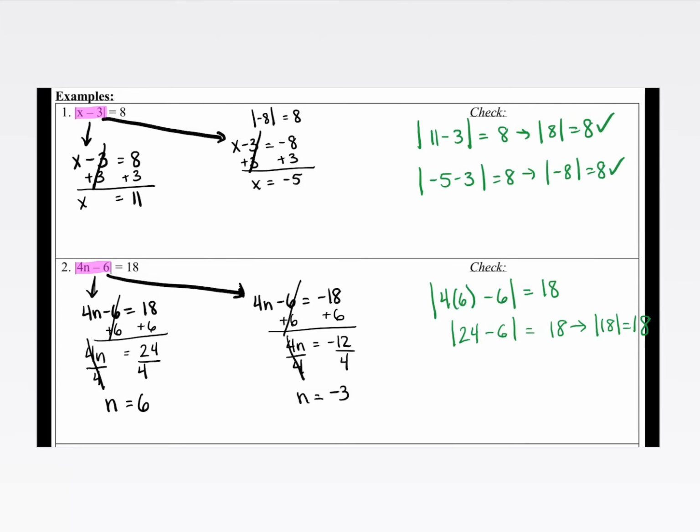In our next example, in order to check, we're going to plug in negative 3. So we have the absolute value of 4 times negative 3 minus 6 equals 18. 4 times negative 3 is negative 12. Negative 12 minus 6 gives us negative 18. And the absolute value of negative 18 equals positive 18. So we are set there, and those two solutions are valid.